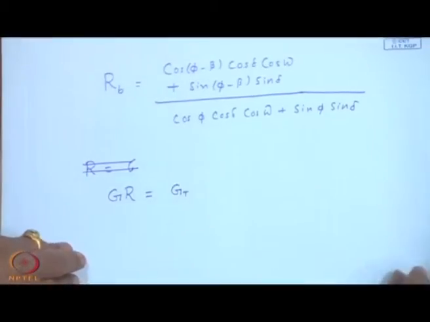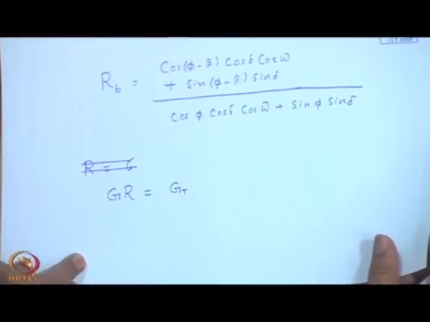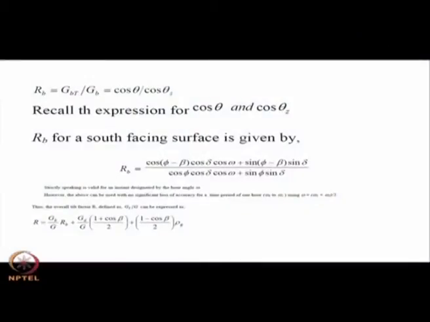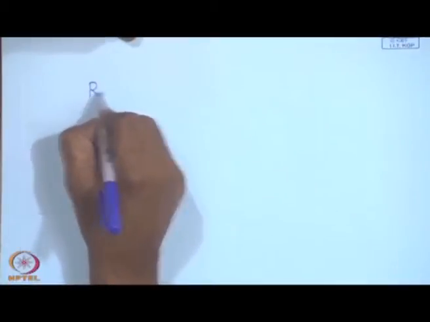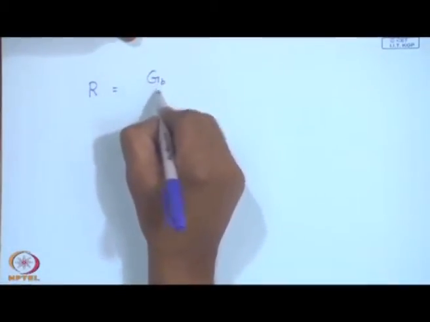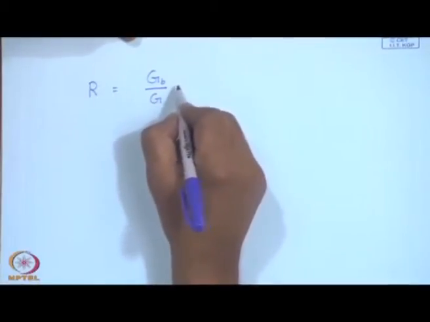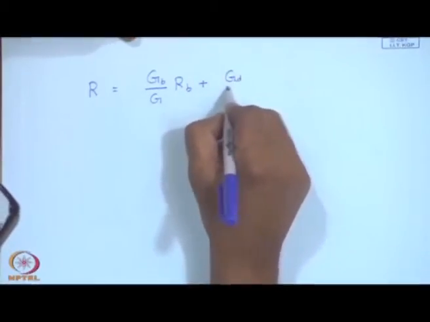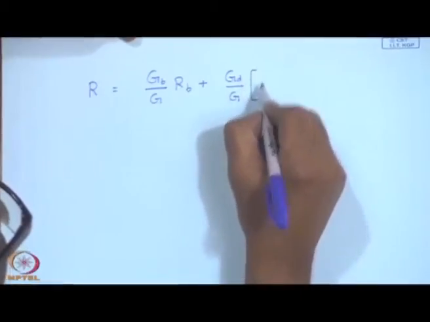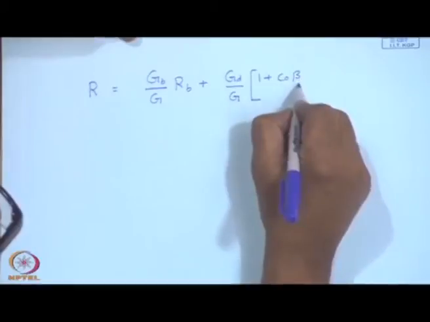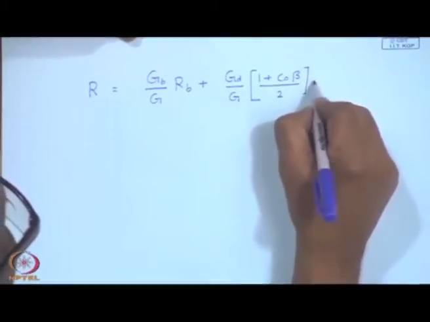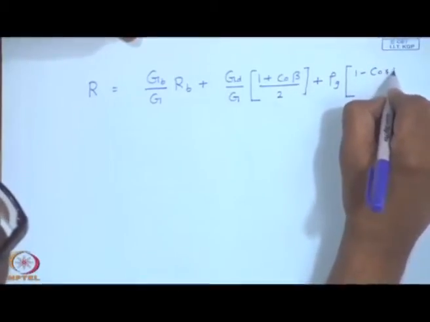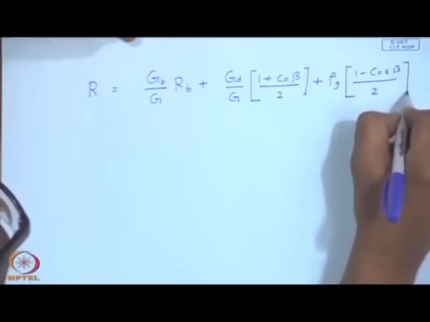G T, the total tilted radiation, will be G into R, then that will be equal to G T. So, now I can define an overall R factor as, the same thing I have written.